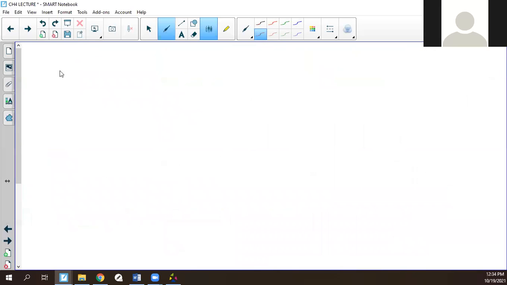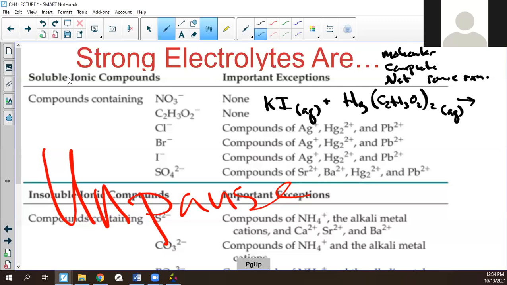So we have KI, and that is aqueous. It is aqueous because iodide is always soluble. That's what this table tells me, except for these things, and K was not one of those.